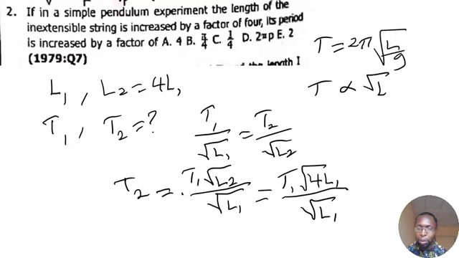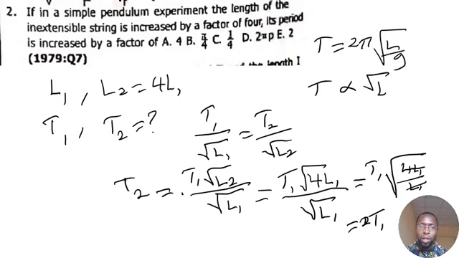And this can still be broken down into T1 square root of 4L1 over L1, right? So L1 cancels L1, and square root of 4 is 2. So that will be equal to 2T1. So that means the period will be increased by a factor of 2. Okay, and that is option E, 2.